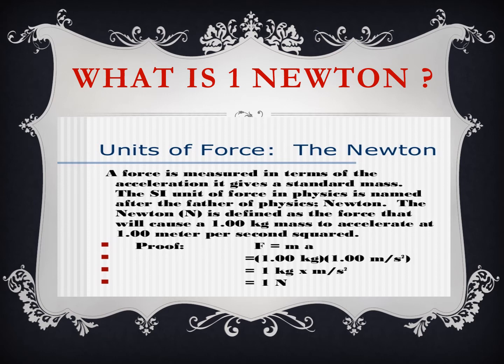So it is the amount of force that produces an acceleration of 1 meter per second square in an object of 1 kg mass. So from this we can get 1 Newton, that is the unit of force.